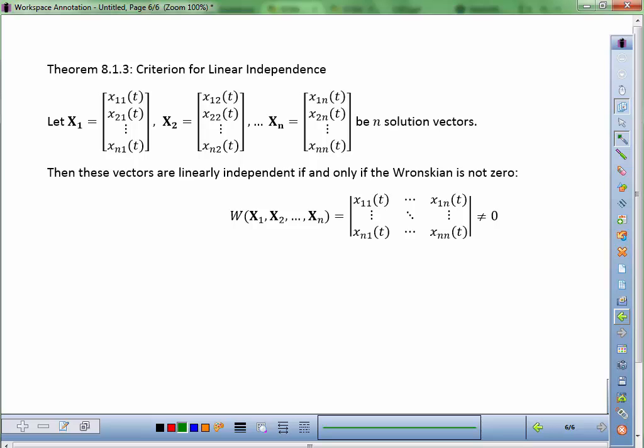But since our solutions are already in vector form, what we're going to do is line up your solutions as columns.